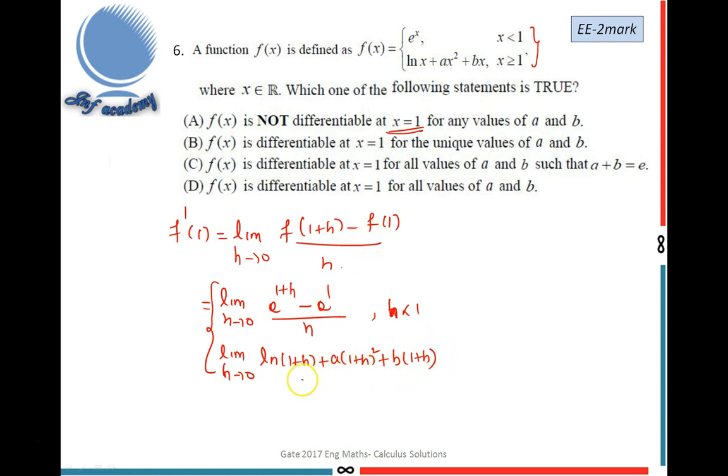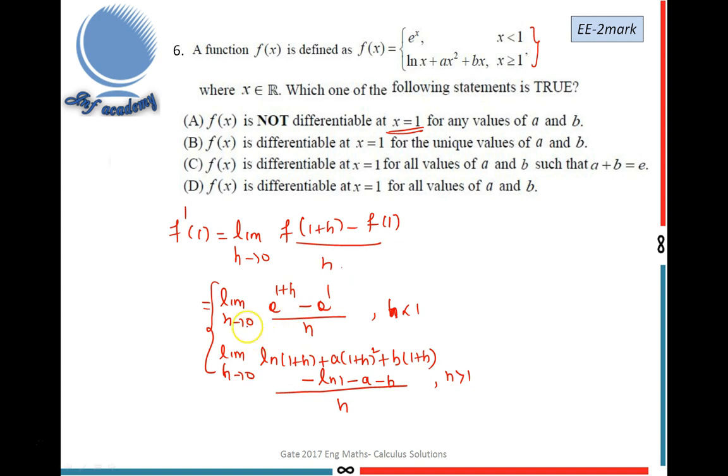Minus f of 1 means minus log 1, minus a times 1 square, that is a, and minus b, since x is 1. All divided by h.